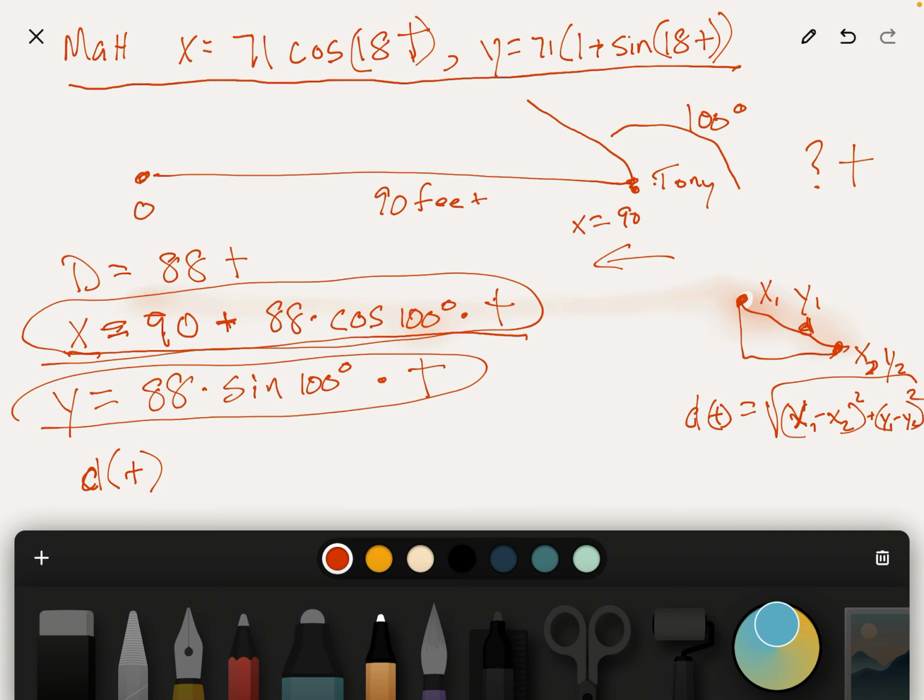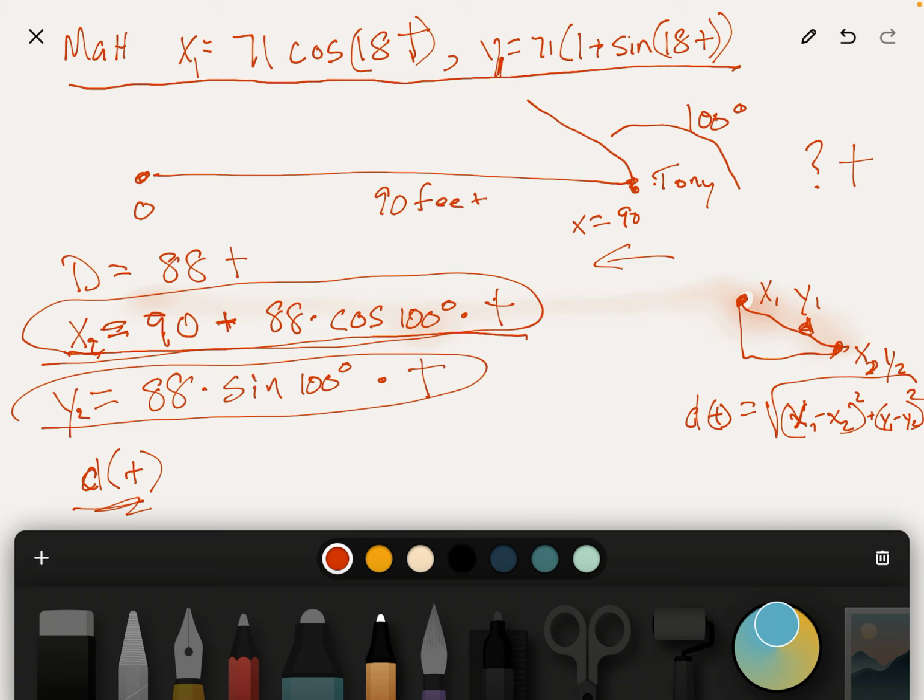And they let you solve this graphically. So there's lots of steps here, lots of numbers to manipulate. But here's x1, here's y1, and here's x2 and y2.